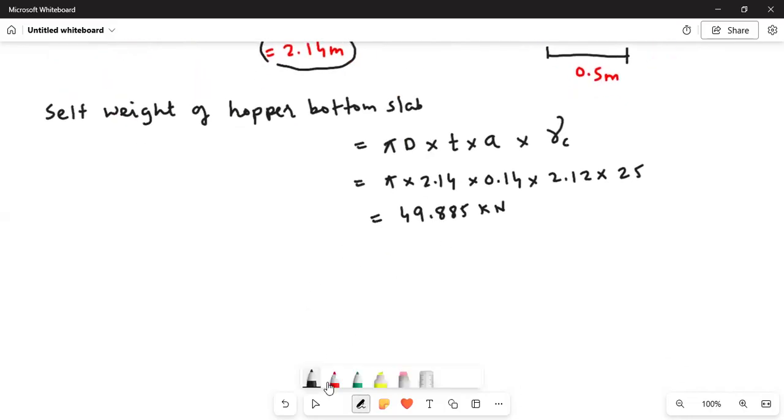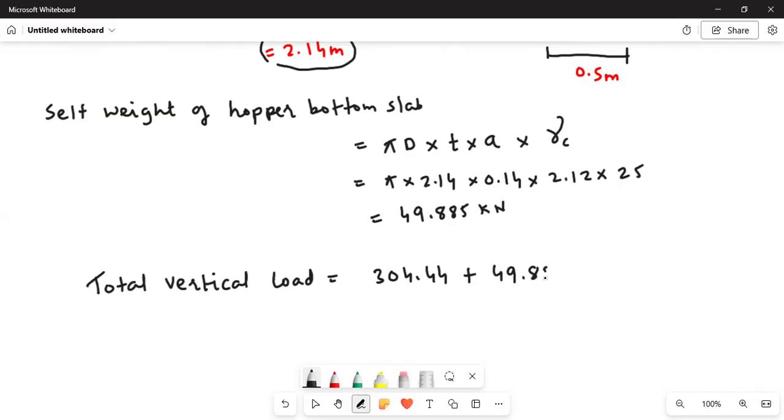This is the weight. The total load is the load of the coal that is to be retained, and the self weight of the hopper bottom. So total vertical load equals 304.44, which is the load of the coal that is to be retained, plus the self weight of the hopper bottom.